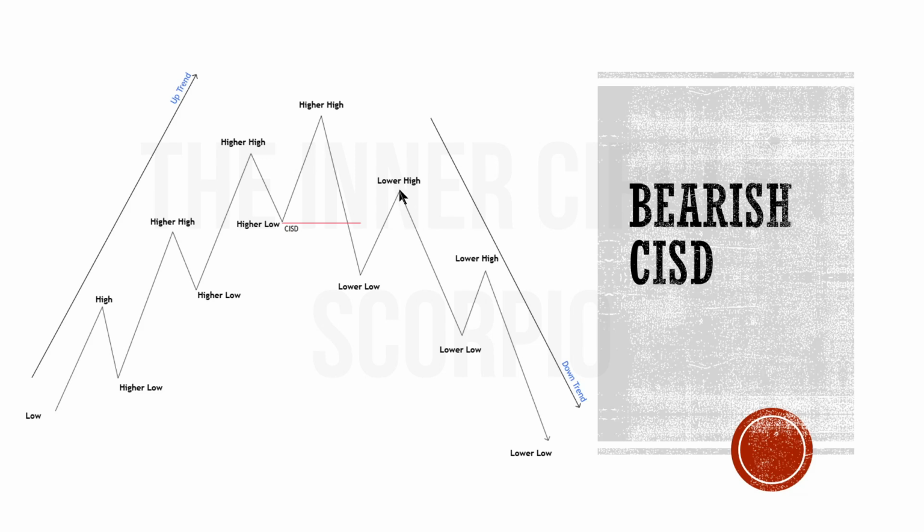What does that mean? Delivery of what? Price. The price was delivering higher, now it's delivering lower, right? So there was a change in state of delivery from bearish to bullish, or from bullish to bearish. In this scenario, it was bullish and the delivery state changed into bearish.